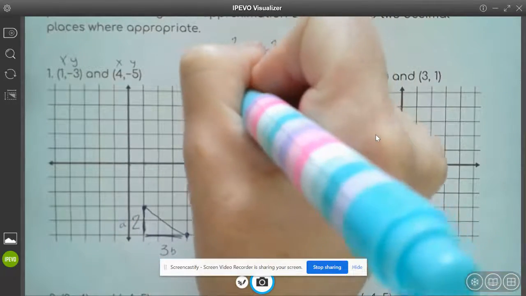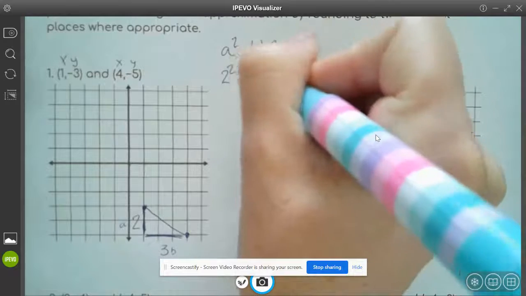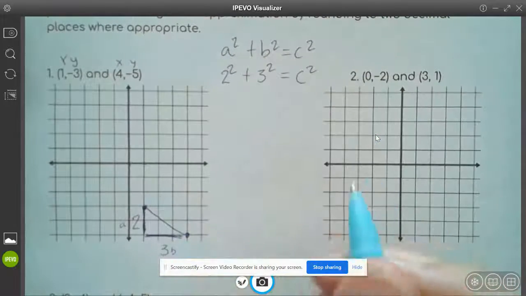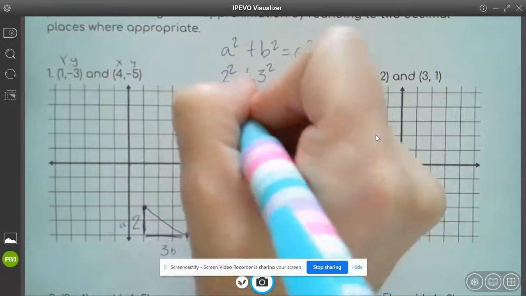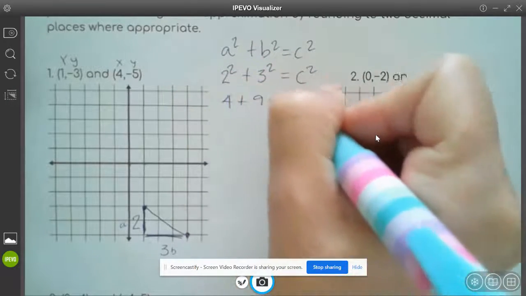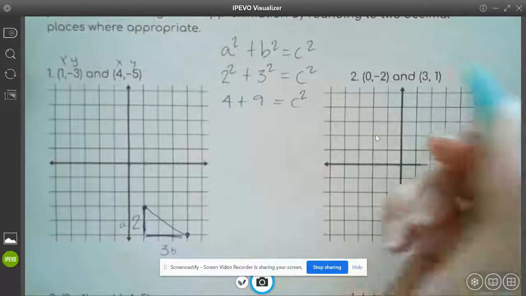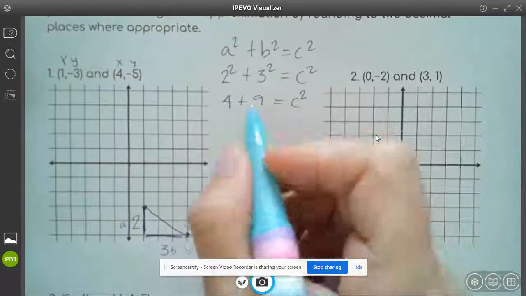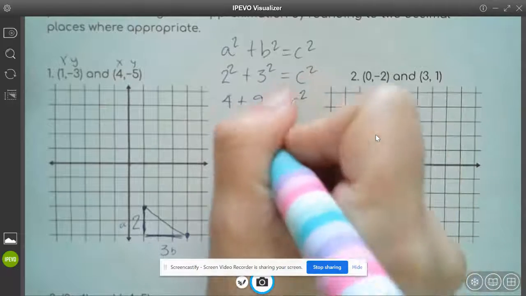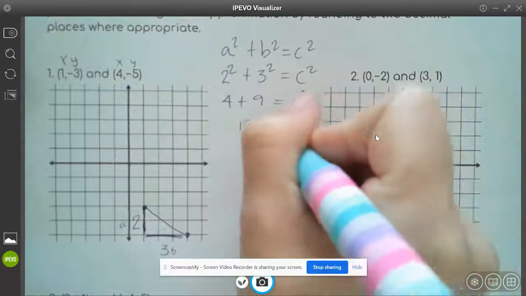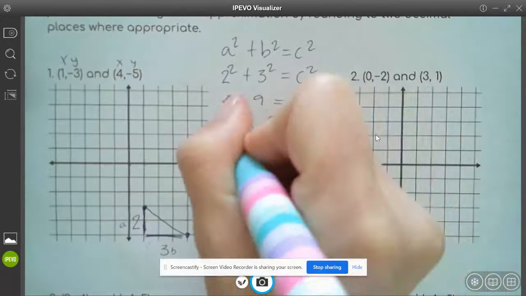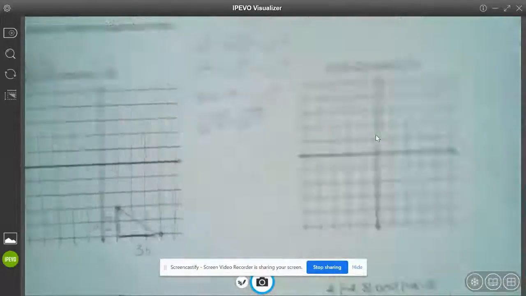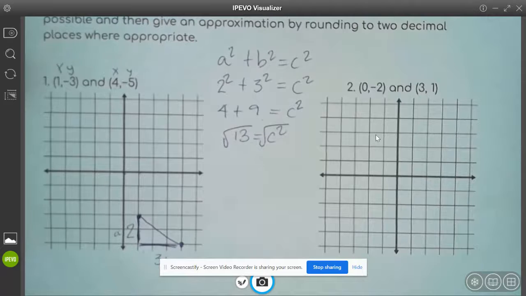So that's 2 squared plus 3 squared equals c squared, and that's what we're looking for. We're looking for the hypotenuse. So that's 4 plus 9 equals c squared, and then 4 plus 9 is 13. So 13 equals c squared, and then you take the square root. The square root of 13 is, let's give you a number.